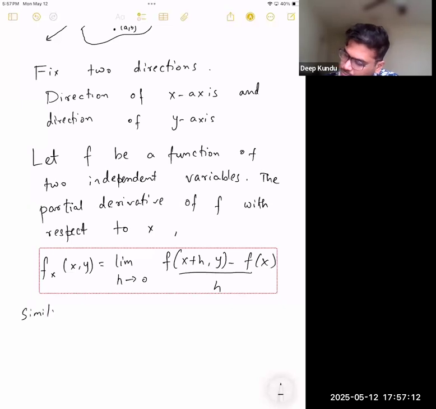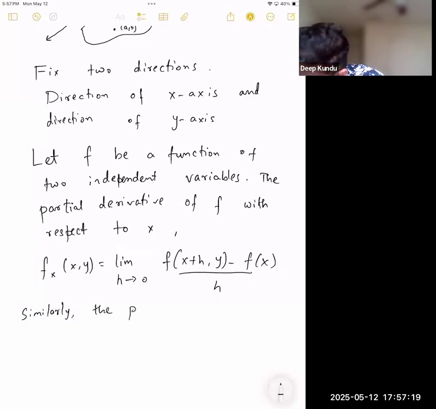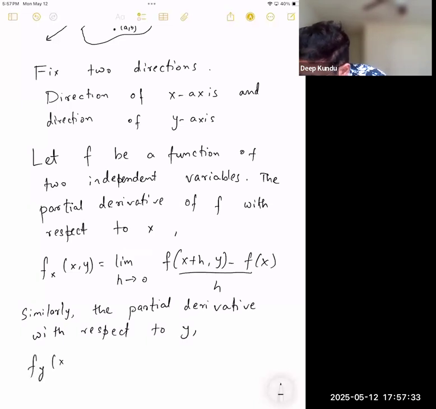Similarly, the partial derivative with respect to y is going to be f sub y of x, y, limit h approaching 0.